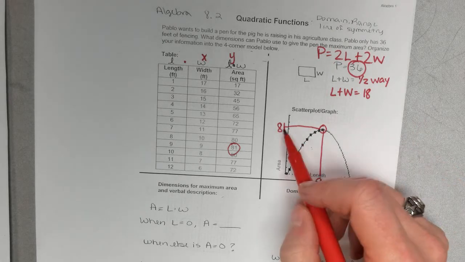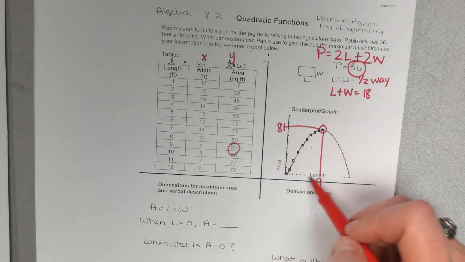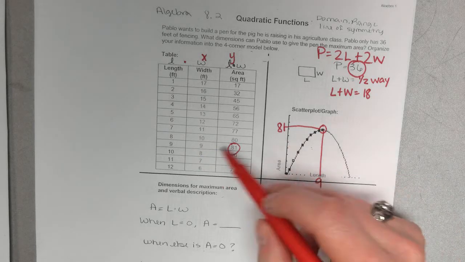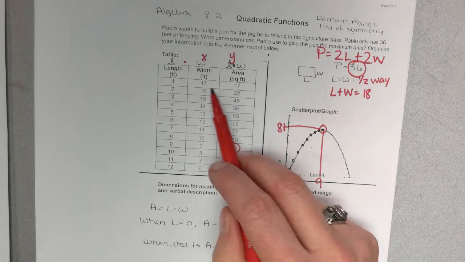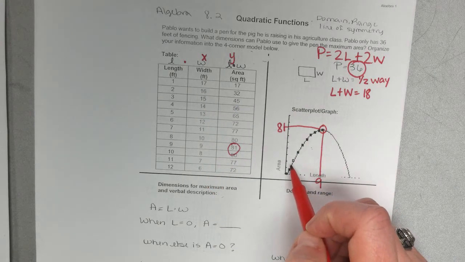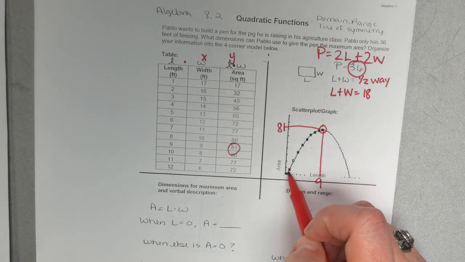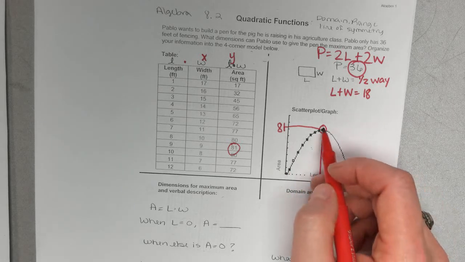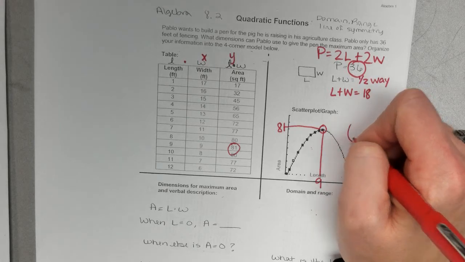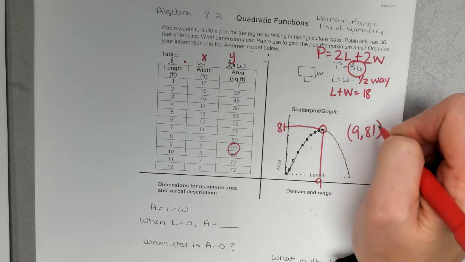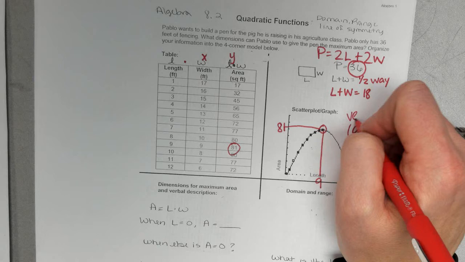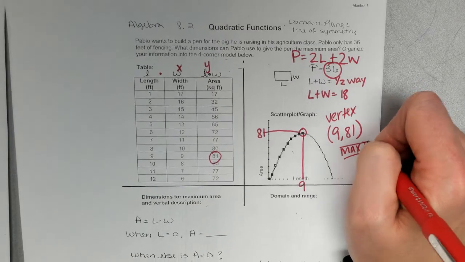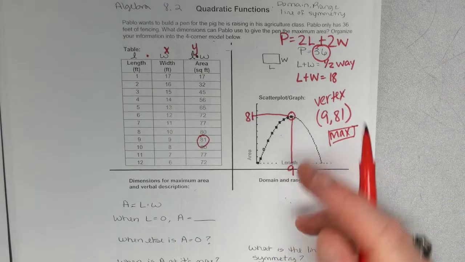Okay, so that's what this point is, 9 and 81. So X value, then Y. So all these are X and Y values. They're plotted. 1, 17, 2, 16. Okay, so anyways, 9 and 81 is our vertex. X value is 9, Y value is 81. So that is our max. Okay, that's the highest that the line gets.